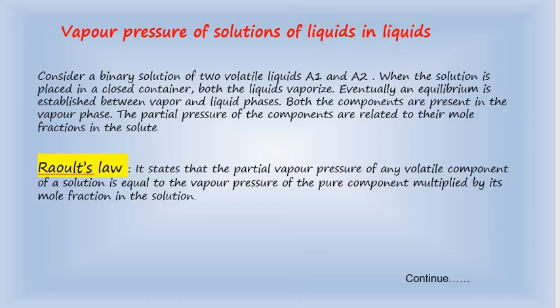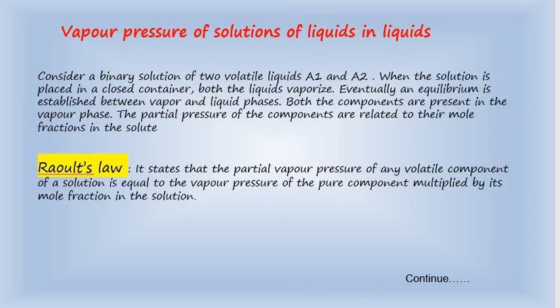When a solution is placed in a closed container, both the liquids will vaporize, and at equilibrium there will be a balance between the vapor and liquid phases of both the volatile liquids. Both the components are present in the vapor phase, and the partial pressure of components are related to their mole fraction, and in Raoult's law we are going to establish this.